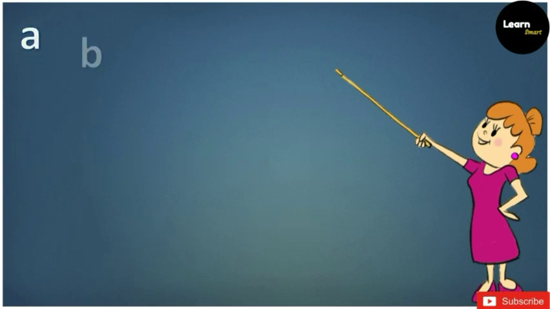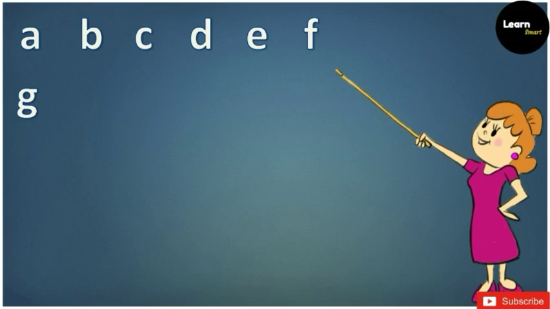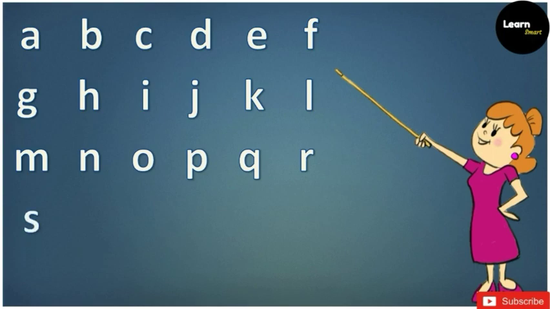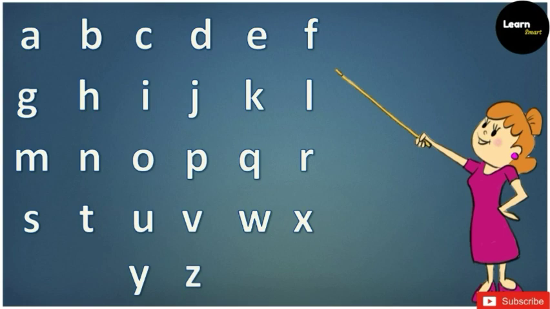A, B, C, D, E, F, G, H, I, J, K, L, M, N, O, P, Q, R, S, T, U, V, W, X, Y, and Z. And these alphabets are known as small letters.